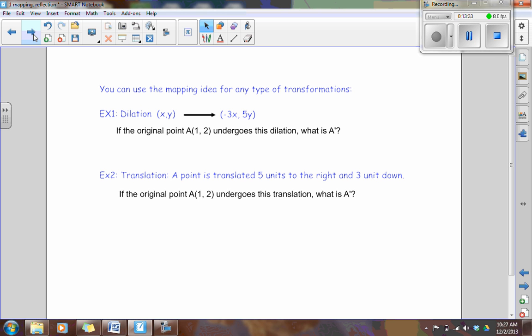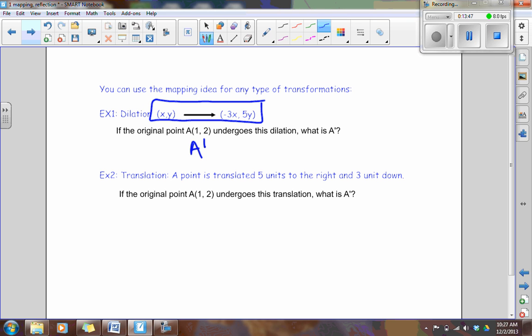So if the original point is A (1, 2), and we want to find A prime, that point undergoing this dilation, it tells us the mapping of that dilation is x goes to negative 3x, and y is multiplied by 5. So we'll have negative 3 times our x, which is 1, and 5 times our y, which is 2.